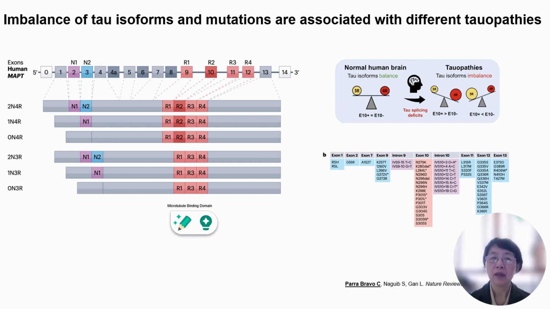In healthy human brain, equal levels of 3R and 4R isoforms are expressed. Imbalance in the 3R to 4R protein ratio can trigger pathological tau aggregation. There are many mutations in the MAPT gene that are considered disease-causing. One prevalent mutation, P301S or P301L, is highly associated with FTLD-MAPT.